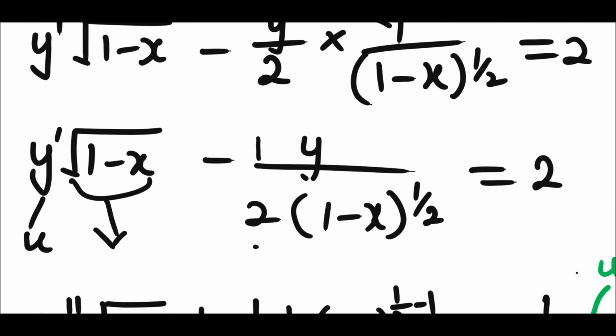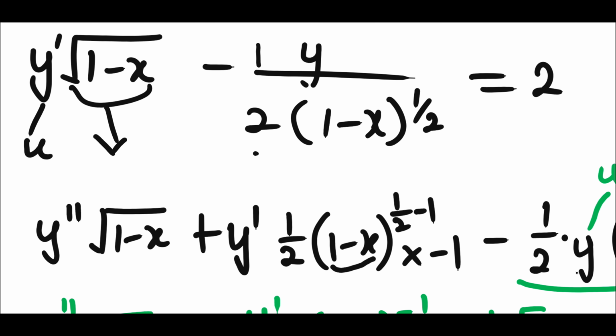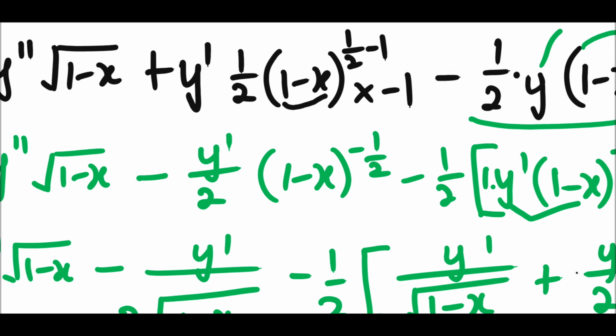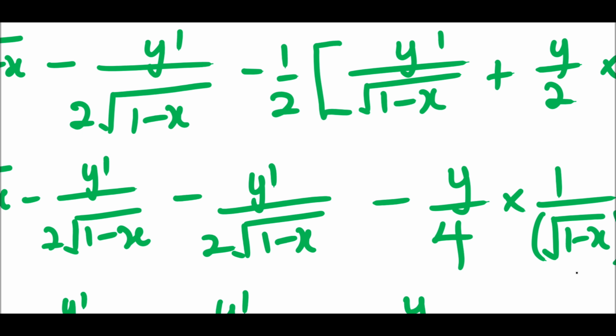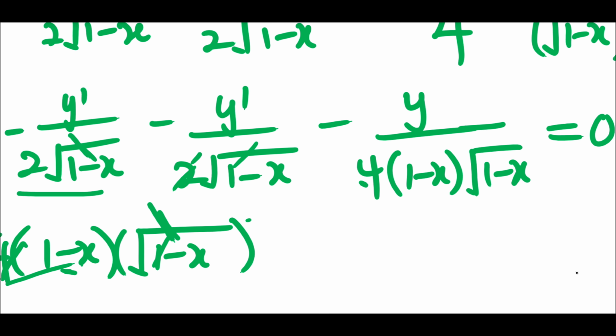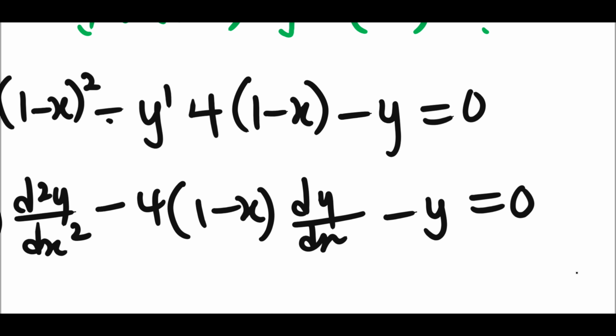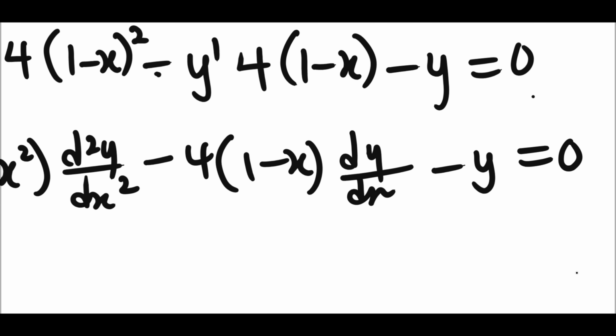Okay, this is our first derivative. So when you differentiated it again, we had what we were supposed to get, and that gives us the final answer. All right, so this becomes our final answer.